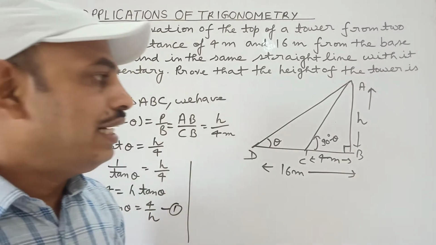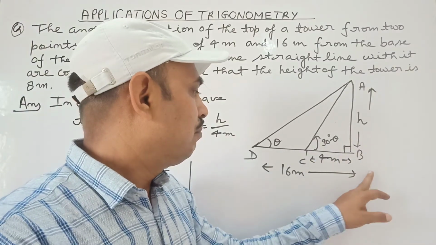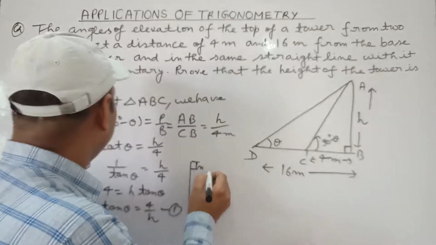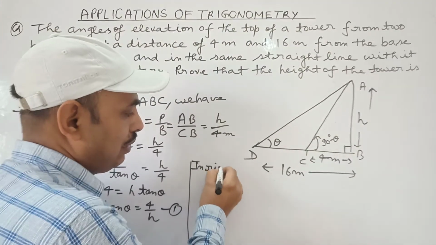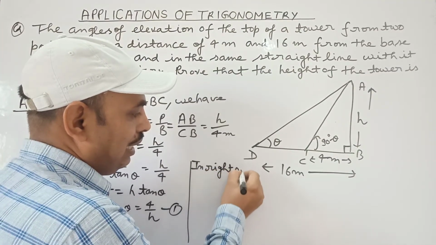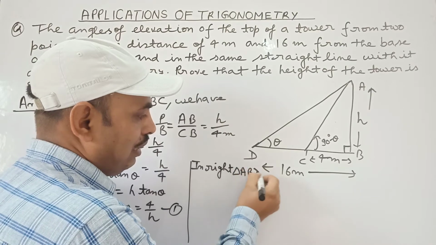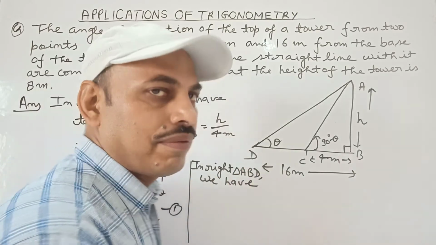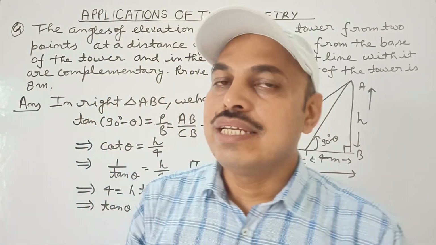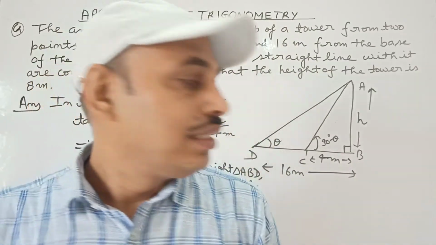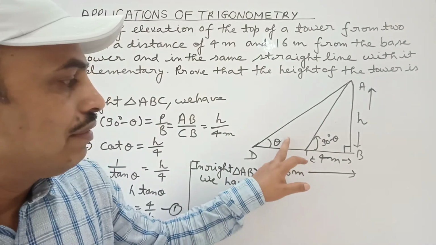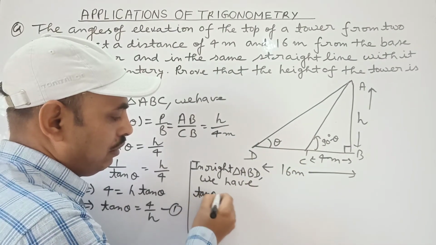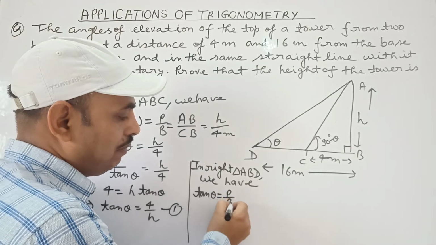Now come to second right triangle ABD. In right triangle ABD, we have tan theta equal to perpendicular upon base.